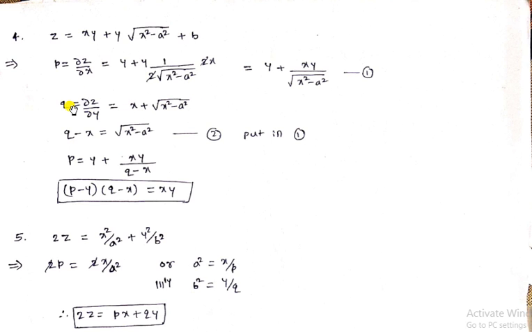So shift this x to the left hand side, which becomes q minus x equal to square root of x square minus a square.